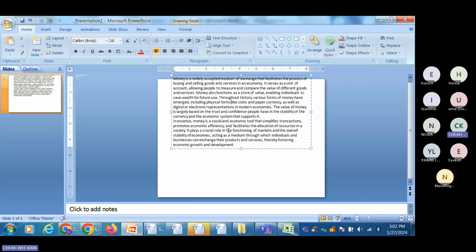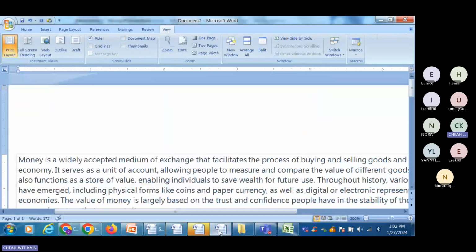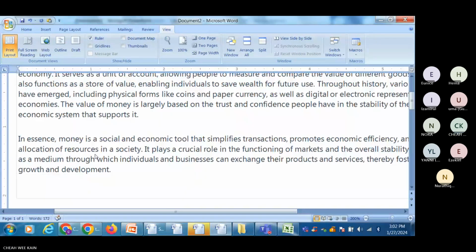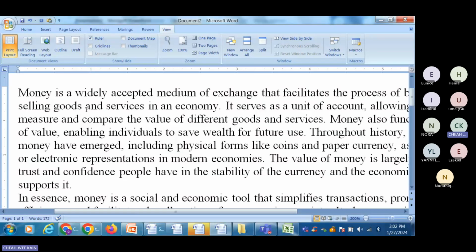Now you copy from PowerPoint into your document. When you copy into PowerPoint and then copy out from PowerPoint, there are no lines. Or you can copy directly from ChatGPT paragraph by paragraph. I think it's better to go via PowerPoint.